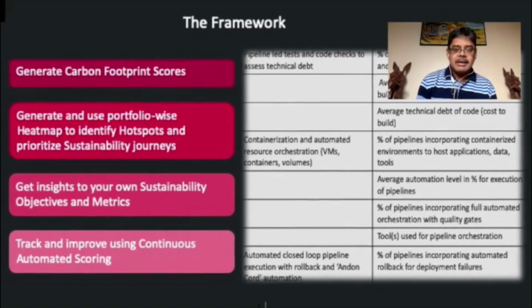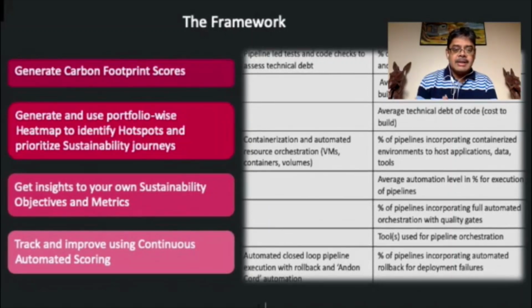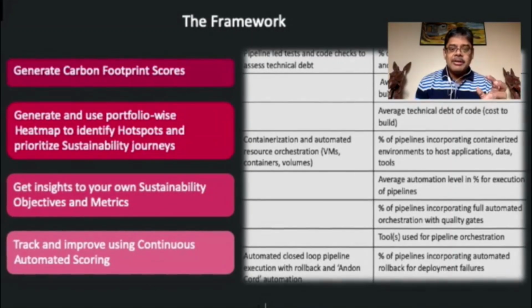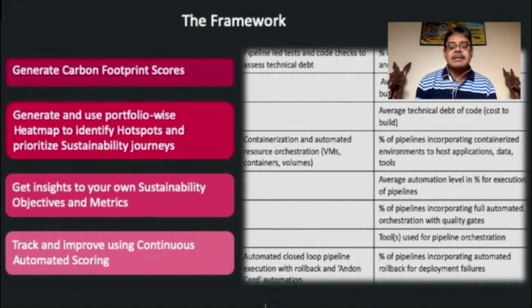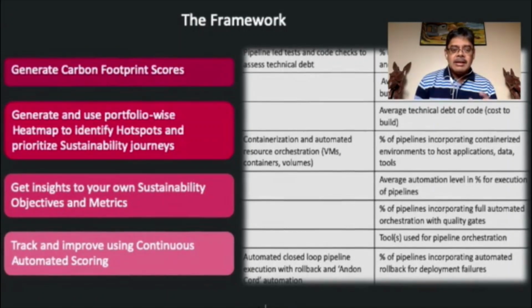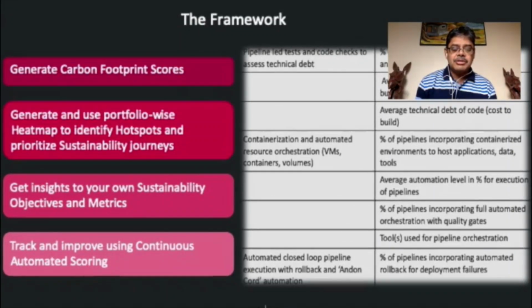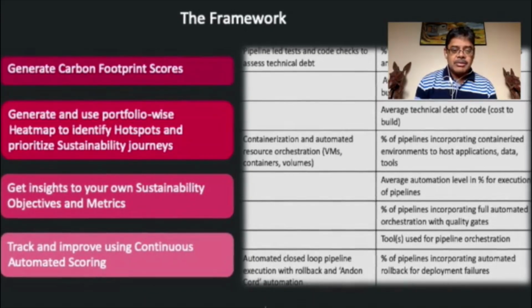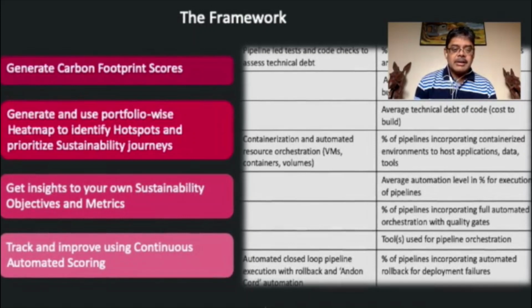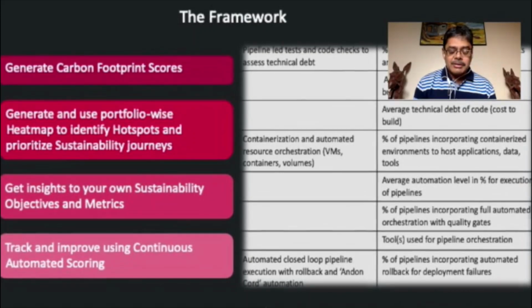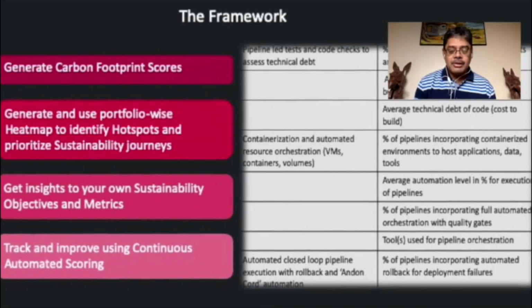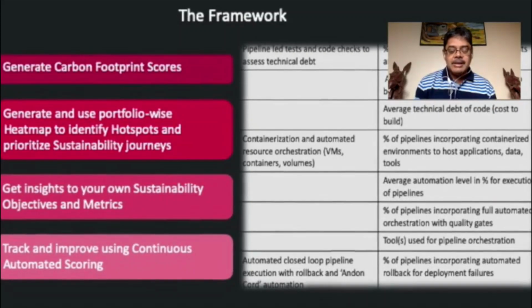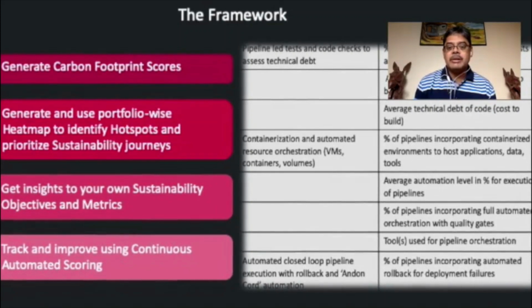We look at generating and using the portfolio-wise heat map to identify hotspots and prioritize the sustainability journeys. The third one is about getting insights to your own sustainability objectives and metrics. And the fourth one is about tracking and improving using continuous automated scoring. So how do we track and improve the overall journey of your sustainability using an automated continuous scoring mechanism?